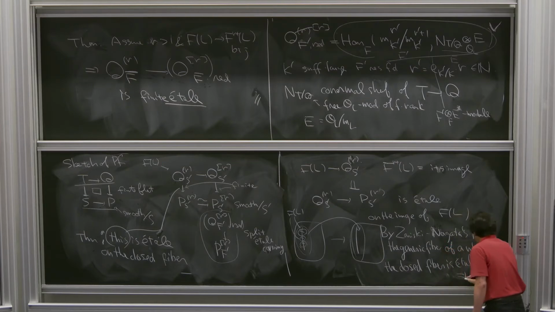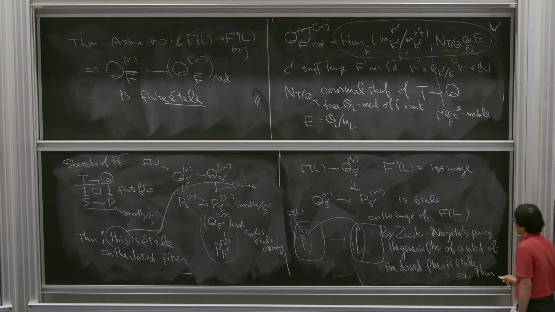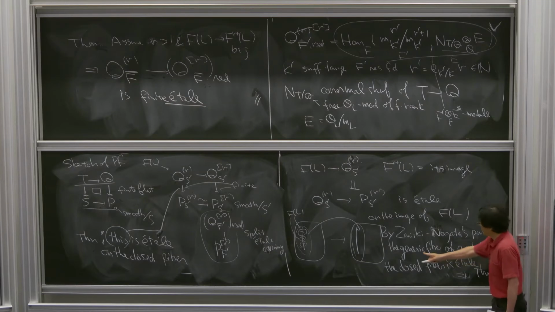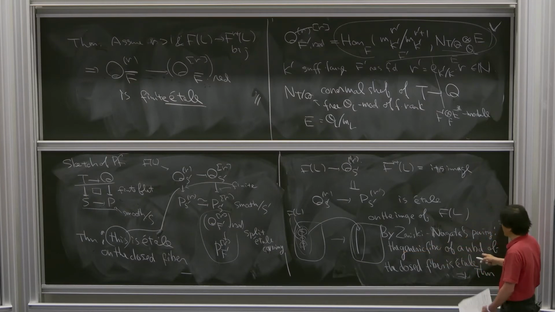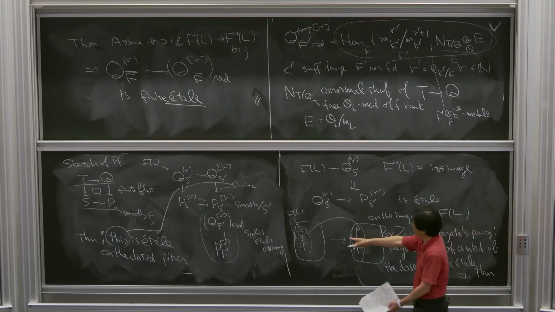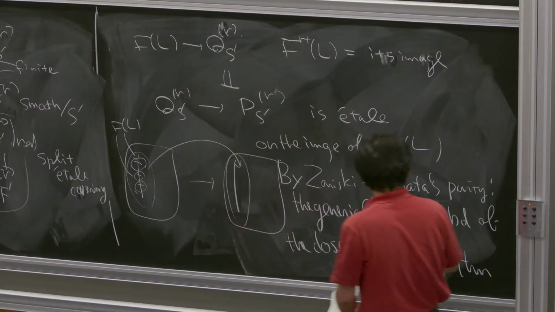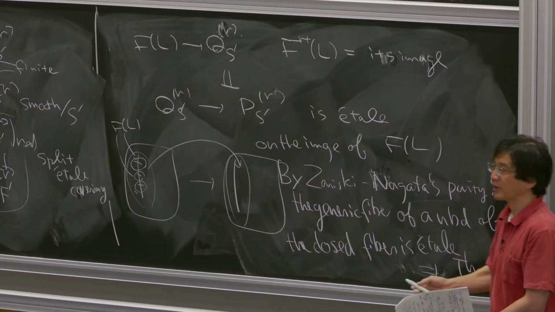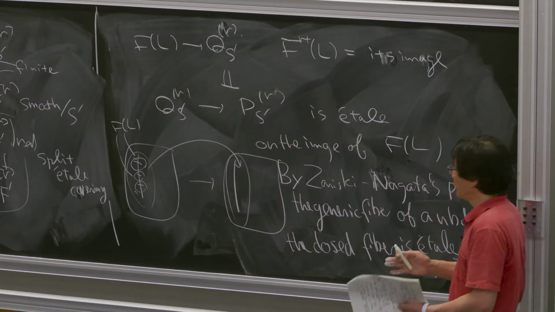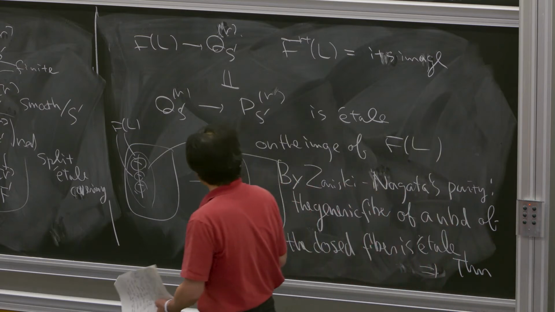So by Zariski-Nagata purity, if we know that the JX fiber of a neighborhood of this closed fiber is eta, then we can conclude that it's eta on the neighborhood of the closed fiber itself.